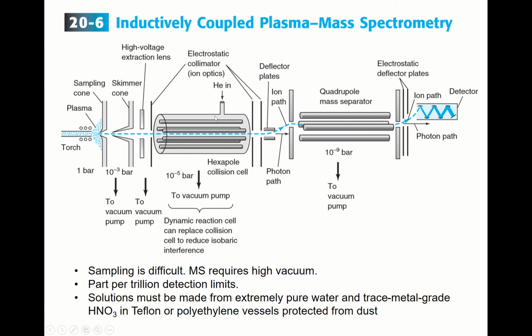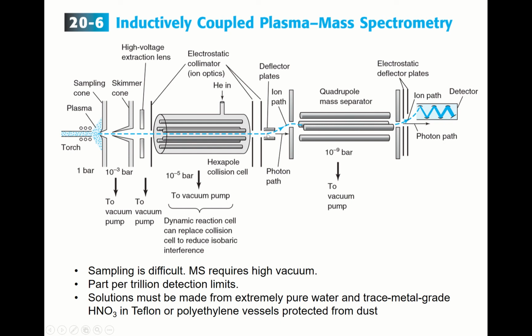And then in this part you apply a higher vacuum, 10 to the minus 5 bar. These parts are the electrostatic collimator. This is ion optics. Collimation means making the ion path straight. And then here is the deflection plate, by applying a potential. Since ions carry charge, the ion path is not straight but bent.